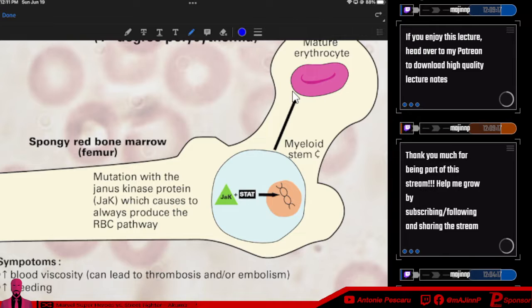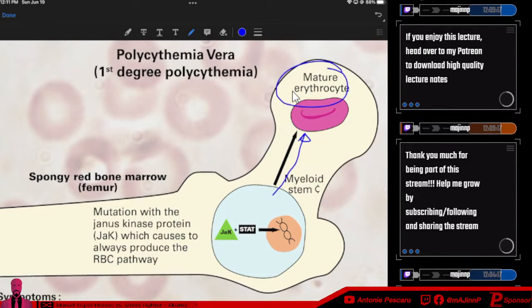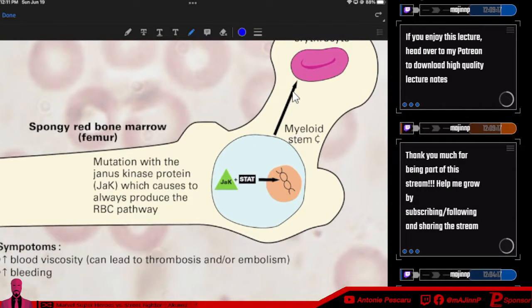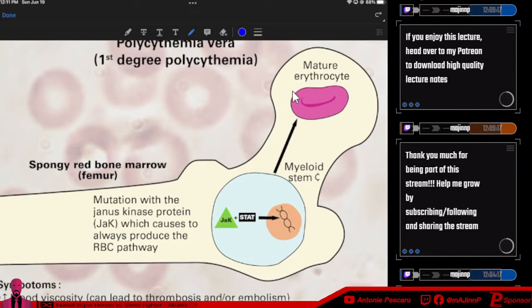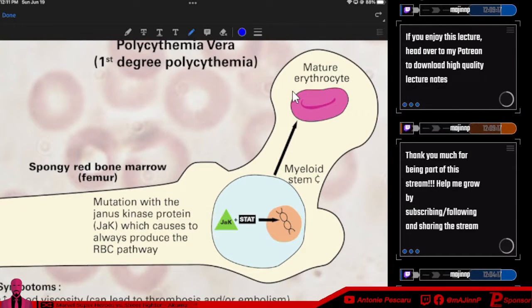That also is responsible for stimulating the myeloid stem cell to mature into the erythrocyte. What happens is that there's a mutation with the JAK protein, which causes it to always go towards the erythrocyte pathway, even if there are enough red blood cells in the circulation.